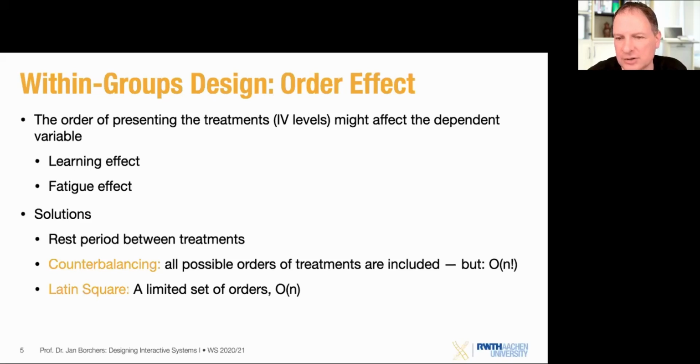Let's say you've got conditions A to F, A, B, C, D, E, F, and you want permutations on that. If you did it with counterbalancing, you would now have 6 factorial, so that's a lot, different orders, and that's usually impractical. If you do a Latin square, you only get 6 different orders, and they're not random.